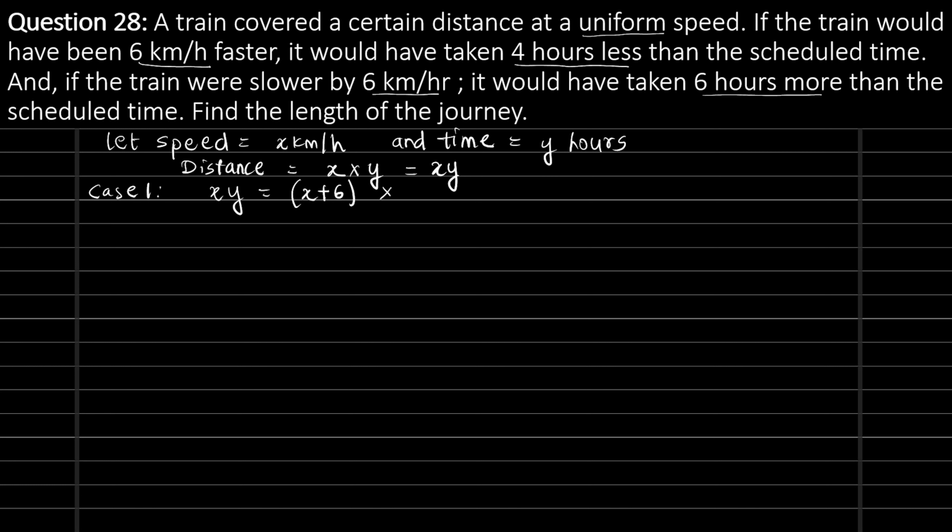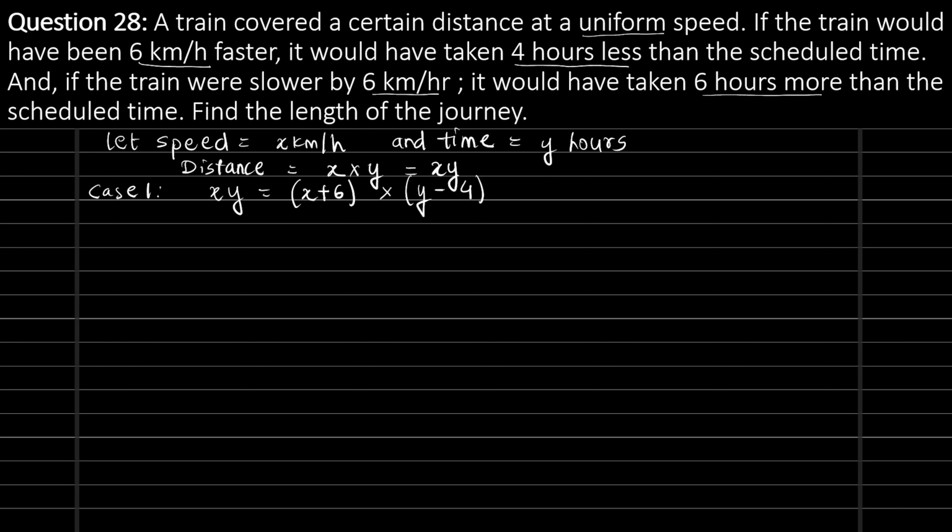Then it would have taken 4 hours less than the scheduled time, so the number of hours would be y minus 4. Definitely if you increase the speed, you will take less time to cover the same distance. So this is case 1.